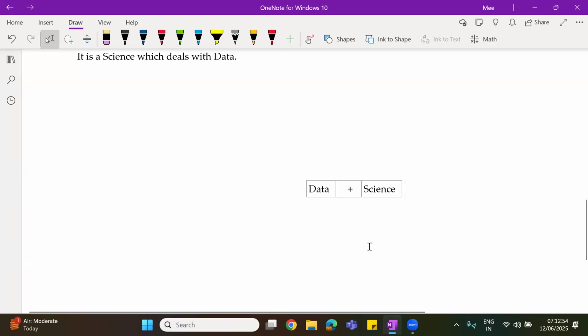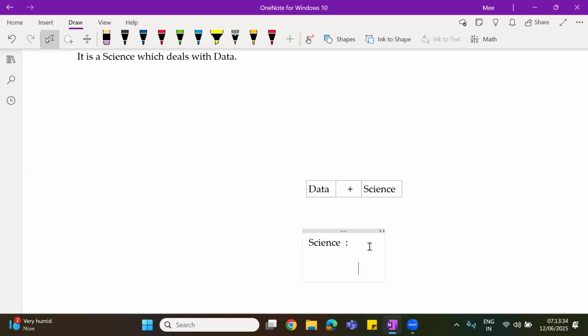Now, what is science? When you look at science, it's a very generic word, guys. It is not specific to any particular field. It is a process of detailed learning, in other words, research, in a particular sector.